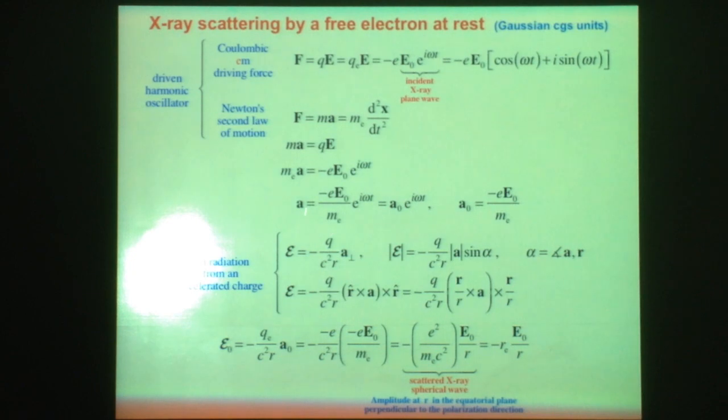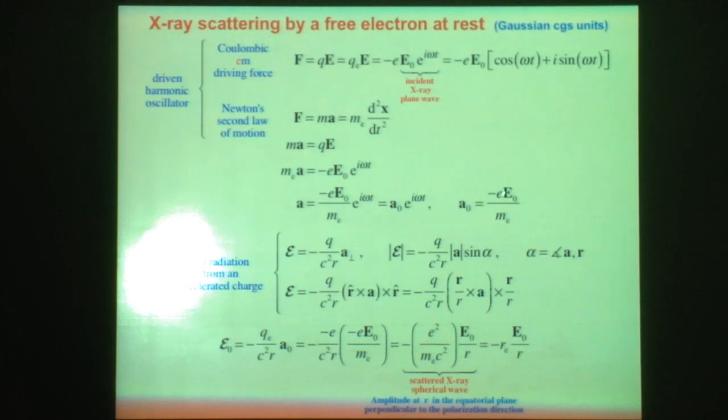And if we take all of this pre-exponential factor and call it a naught, a sub 0, so we say that a is equal to a sub 0 e to the i omega t, just like here, E was equal to E0 times e to the i omega t.